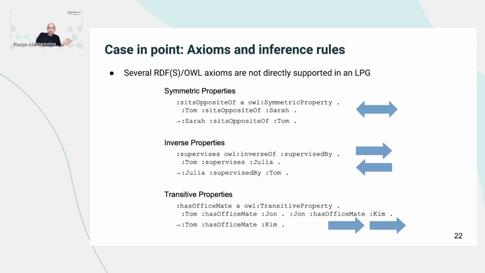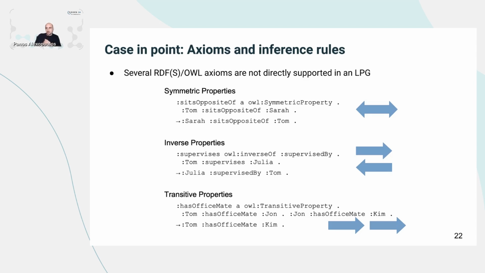We also have inverse properties. So for example, if Tom supervises Julia, then Julia is supervised by Tom. And a third example is a transitive property. If Tom has office mate John and John has office mate Kim, then we can infer that Tom has office mate Kim. These kinds of axioms are also very common in RDF and OWL models.